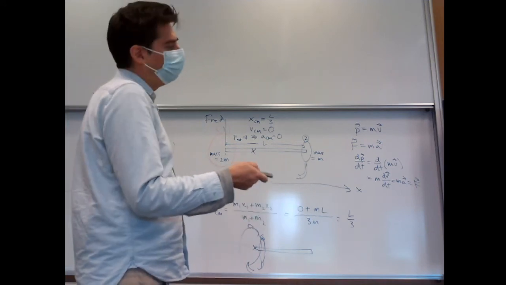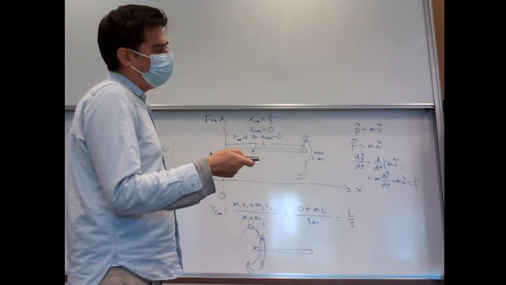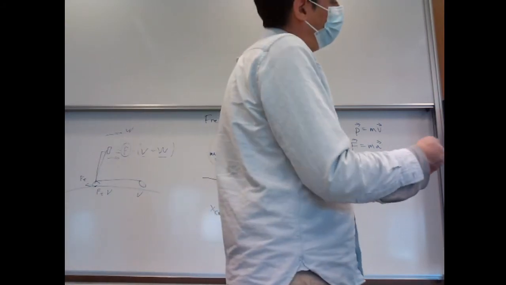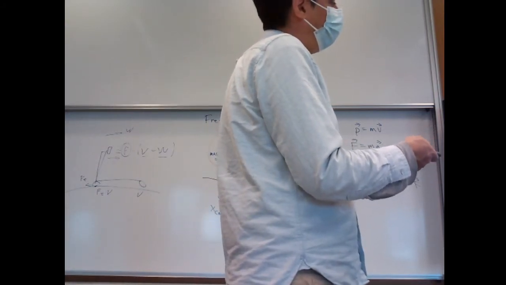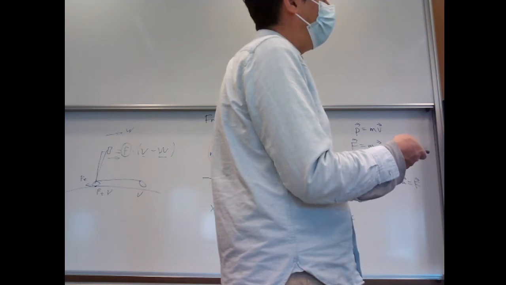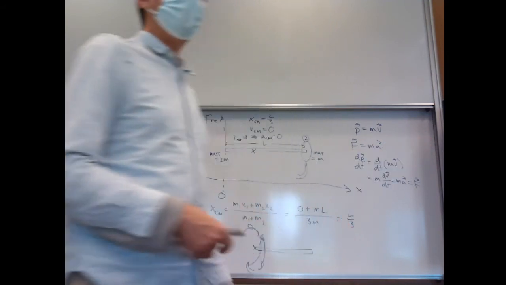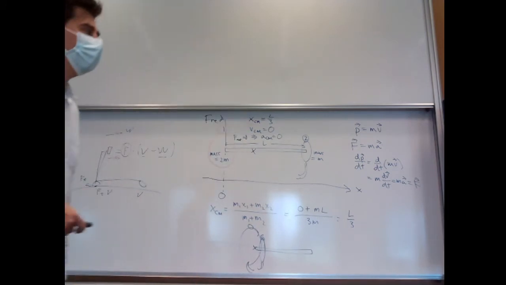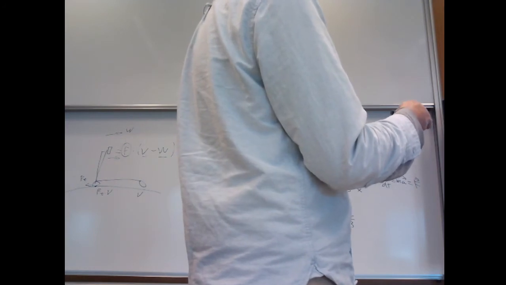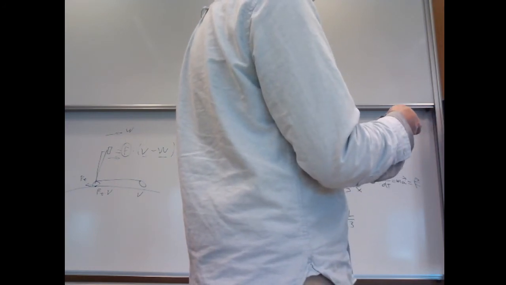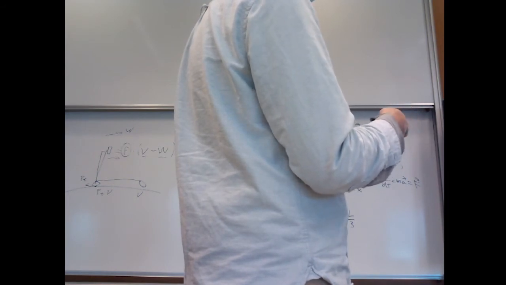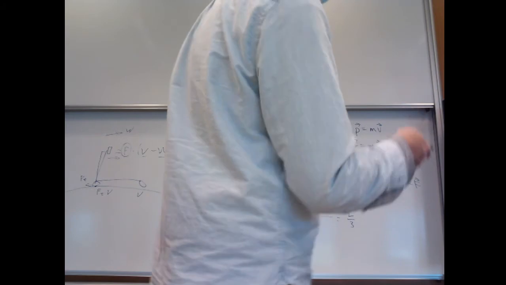So if you look at how much the momentum changes, the difference between the initial and final momenta is in the direction of the force that's acting on it. Some force in this direction is the reason why the momentum changed from going that way to that way.